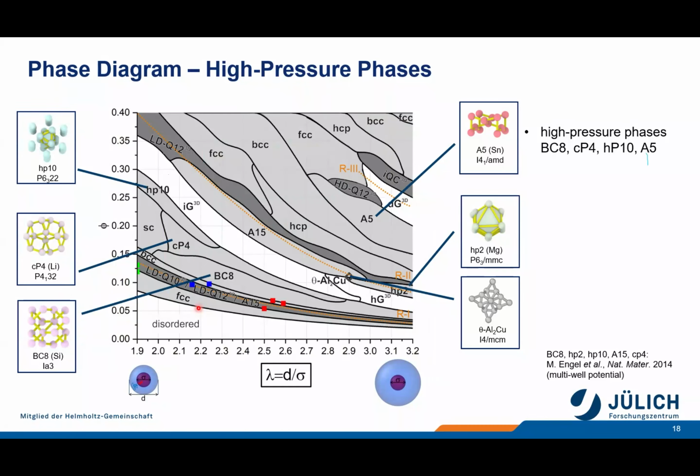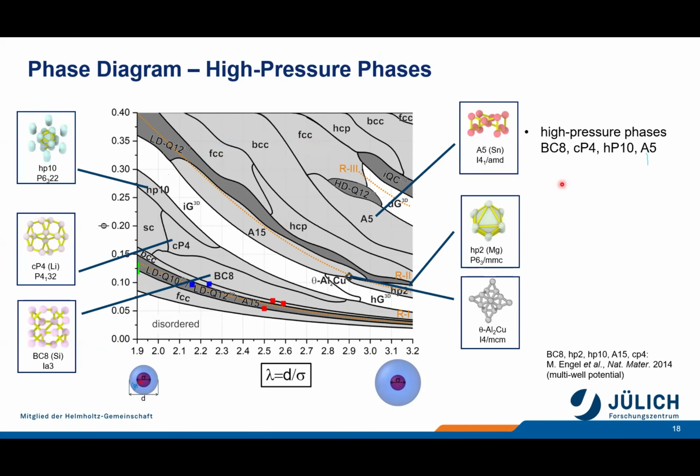The next interesting thing is some highly unusual phases, like the HP10 phase, the CP4 phase, the BC8 phase, A5. So I must admit, as a polymer scientist or soft matter guy, these were the first instances in my life that I have to deal with such funny and complicated phases.